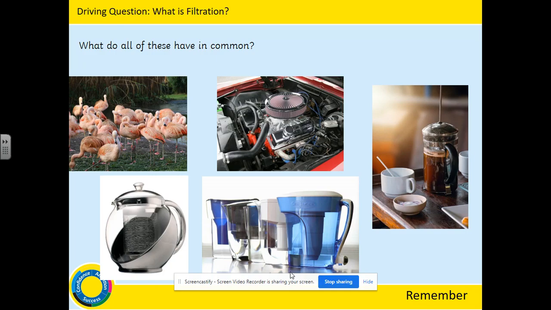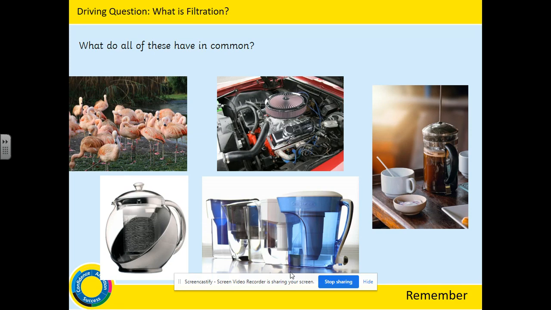Driving question. The question that you should be able to answer by the end of today's lesson is, what is filtration? Now, your remember task. What do all these have in common? Now, if you don't know all of the pictures or items in the pictures, please grab someone in your house gently.